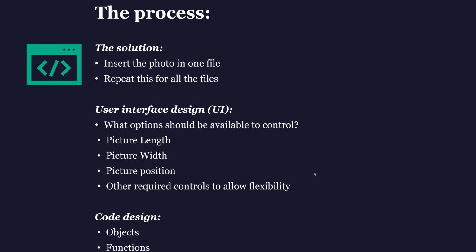The process here starts with the solution: insert the photo in one file, and then repeat this for multiple files. So we have a lot of files and we need to insert this picture in the header.